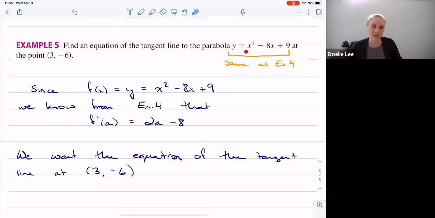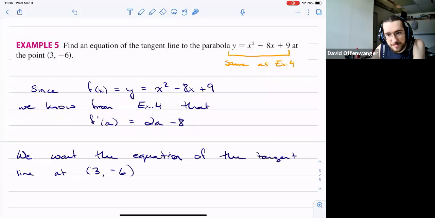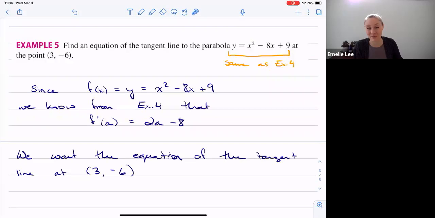So 3 squared is 9 plus 9 is 18 minus 8 times 3, which should be -6. 8 times 3 is 24. 18 minus 24 is -6.